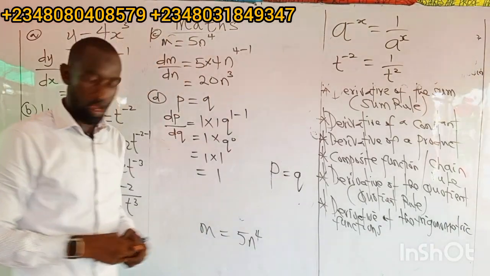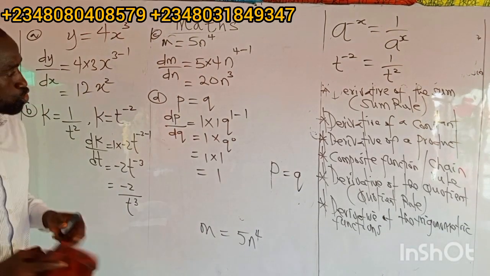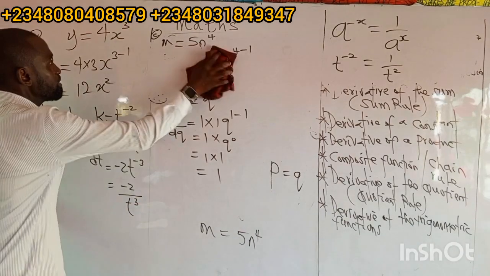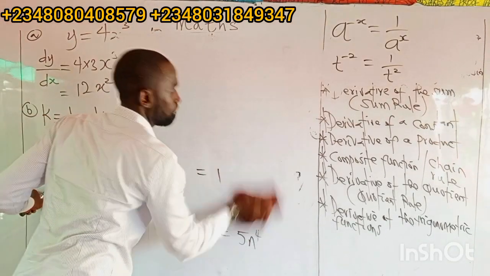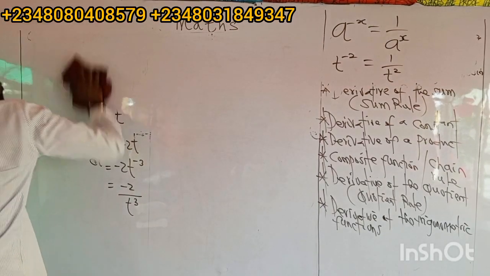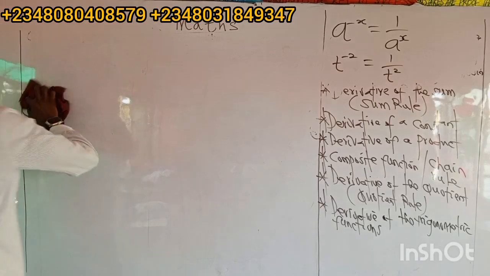What's the next one? Derivative of the sum, which we call the sum rule. Alright, so let's go. What is the sum rule?